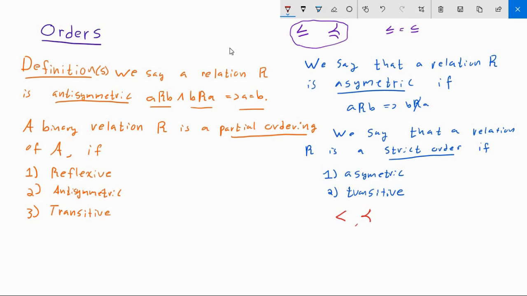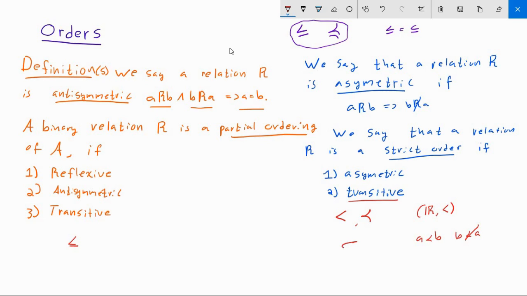And this notation is suggestive because, from our previous examples, taking R now with the strict relation, this is certainly asymmetric. If A is strictly less than B, then it certainly cannot be the case that B is strictly less than A. And it's transitive, which follows more or less from seeing the case with a partial ordering.